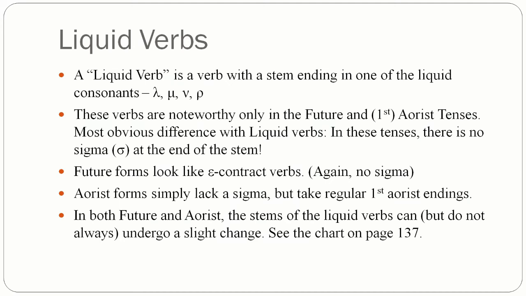The stem change is very slight. It just drops off one of the lambdas. And then in the first aorist, it also drops a lambda, but then it adds an iota there, angeila. So you have these slight stem changes, but fortunately, they are not difficult to recognize. Angeila does not look significantly different from angello.